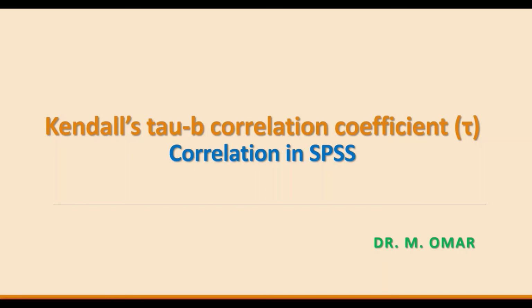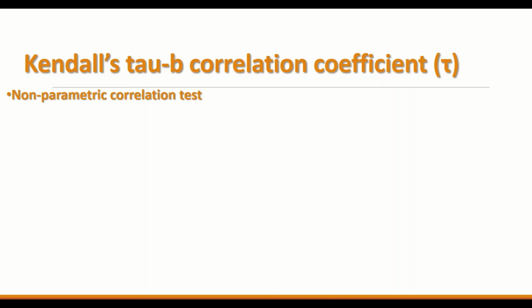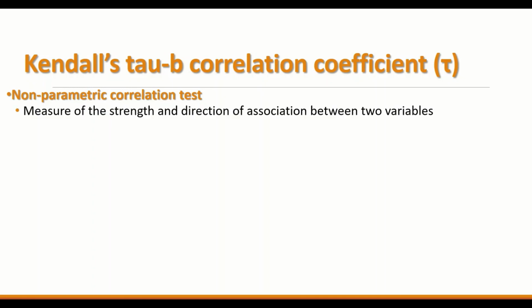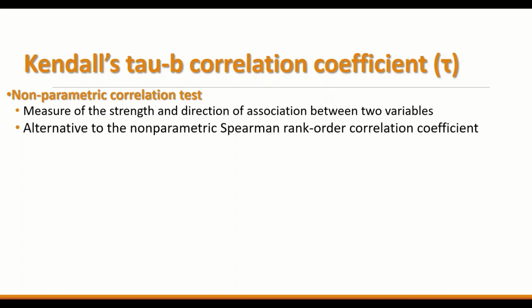Kendall's tau correlation coefficient is a non-parametric correlation test, and it is used to measure the strength and the direction of association between two variables. It is an alternative to the non-parametric Spearman's rank order correlation coefficient.